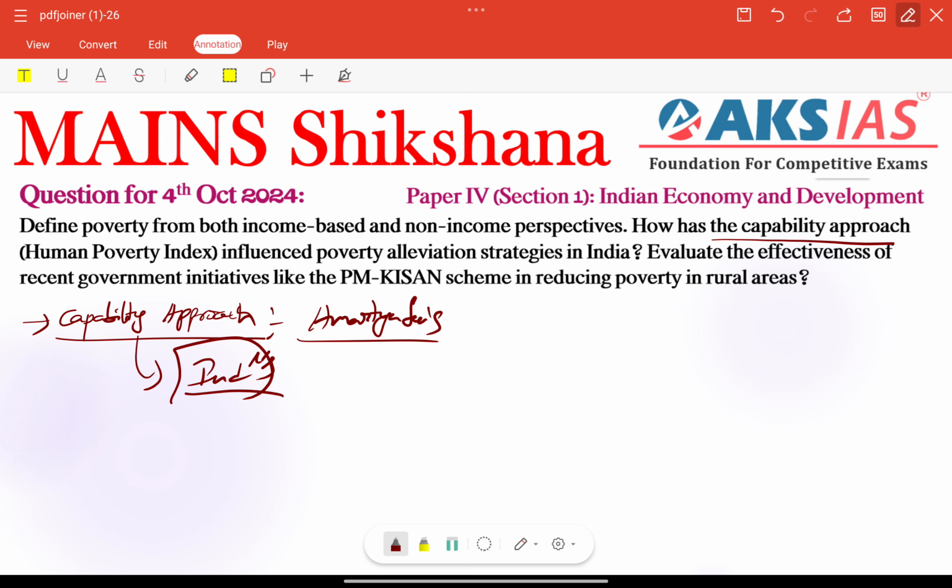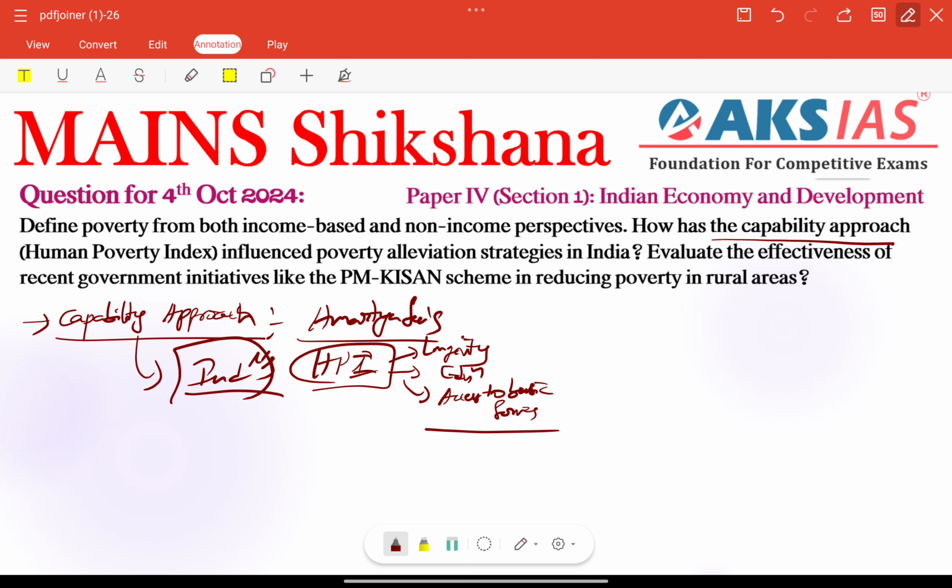Here the HPI, the human poverty index developed by the United Nations, needs to be included, incorporating various dimensions like longevity, and also education, and also access to basic amenities or services, right? This is very important here.